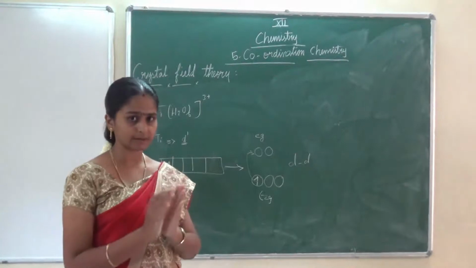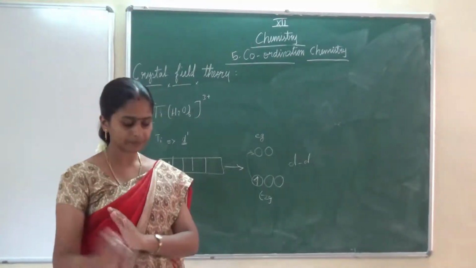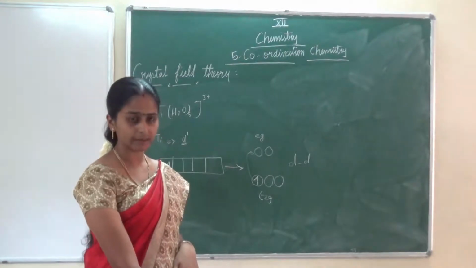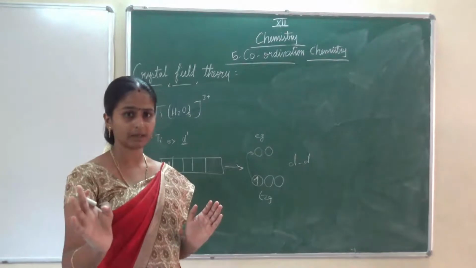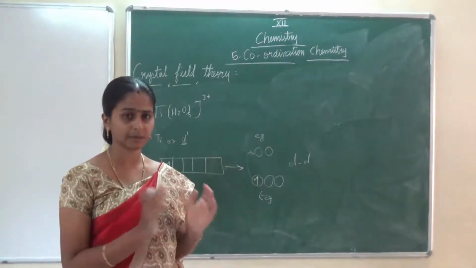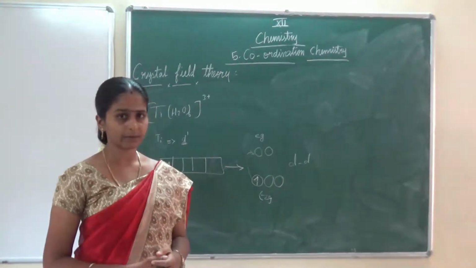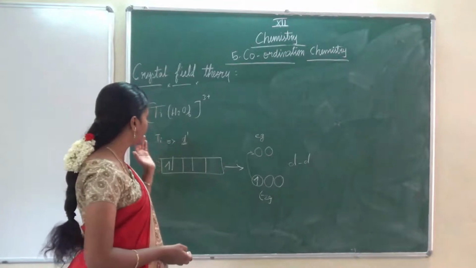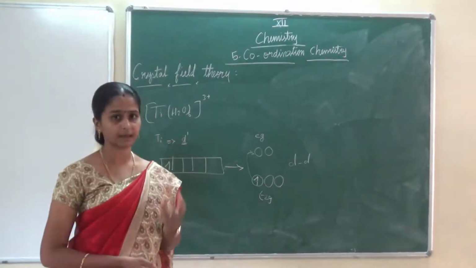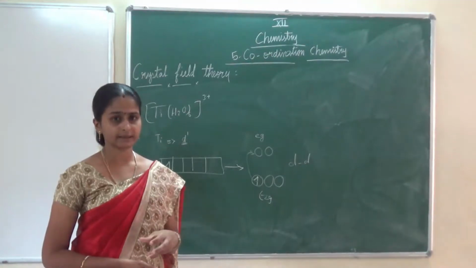So they have listed some values. If the delta naught value is this much, then the color will be this. Here for 239.7 kilojoule of delta naught value, the color will be purple. Like that they have observed in spectra and they have listed. Okay, children, I hope you have understood how the complex exists in color, why it does not exist in color, why it exists in color.